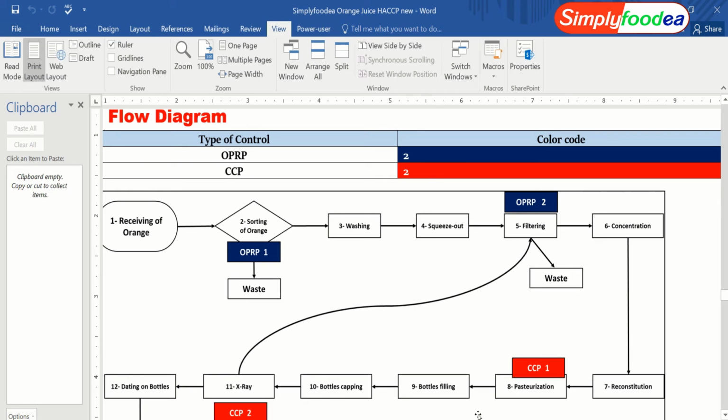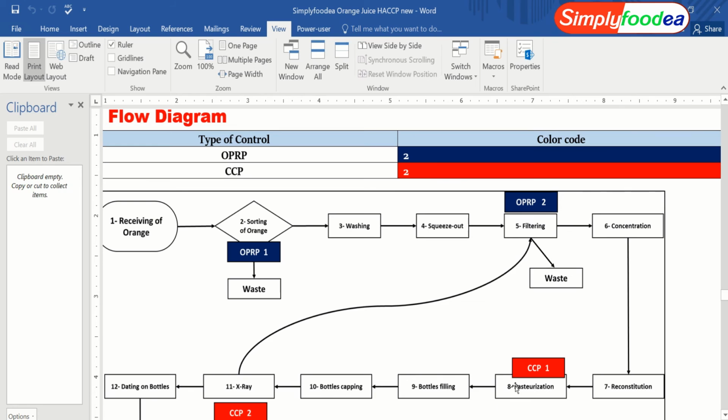Instead of pasteurization here, they add, after step number 10, the radiation process, or ultraviolet sterilization of the product as a control, done by an infrared machine or device.